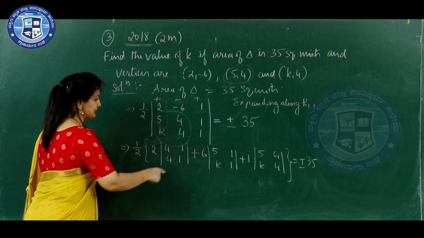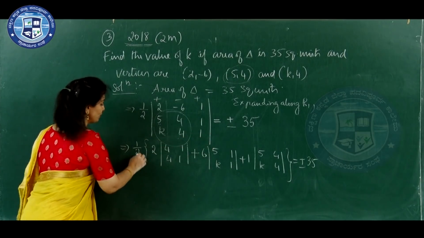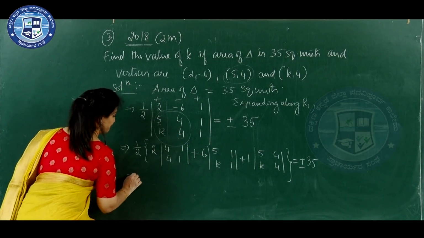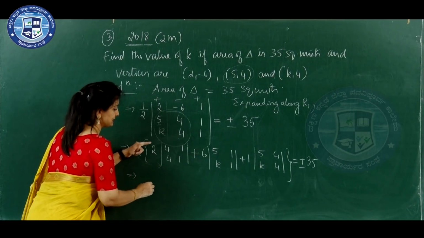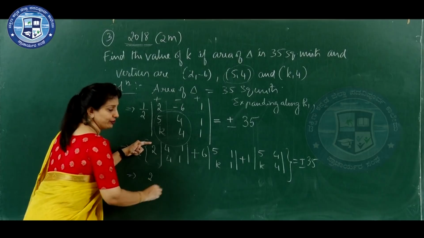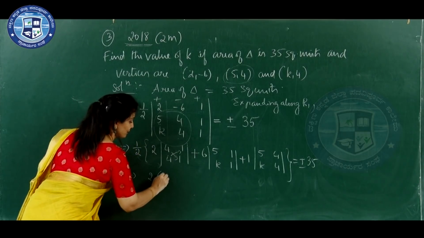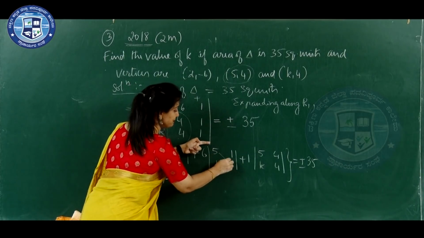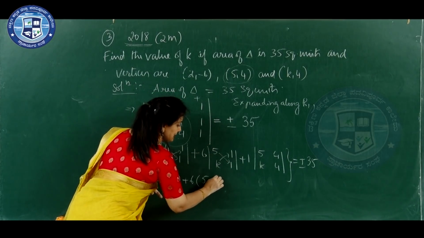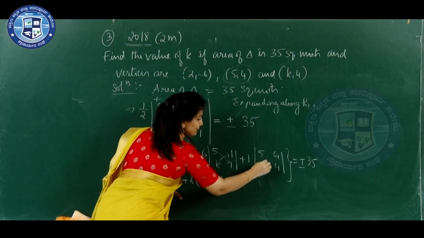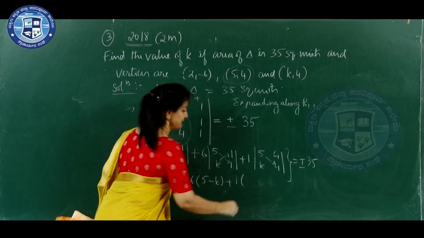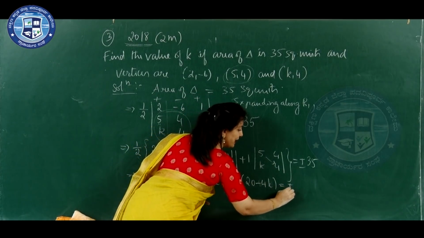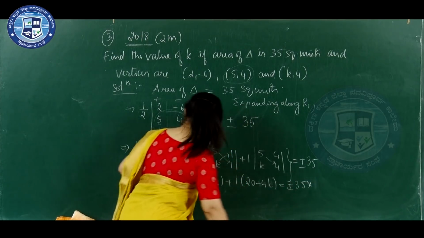Now, expand this, you can take this 2 to RHS. So, 1 by 2 changes to plus or minus 35 into 2, which implies 2 we will bring it to RHS, and here we have 2 into cross multiply 4 minus 4, 0, plus 6 into, here we cross multiply 5 minus k, plus 1 into, expand the determinant, 5 4s are 20 minus 4k, is equal to plus or minus 35 into this 2.